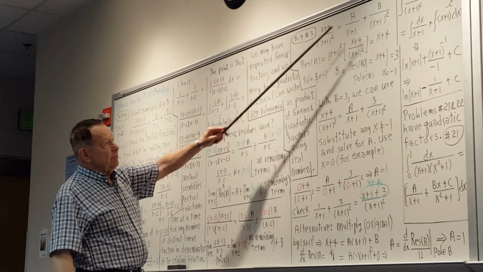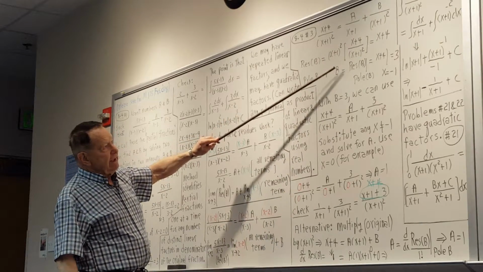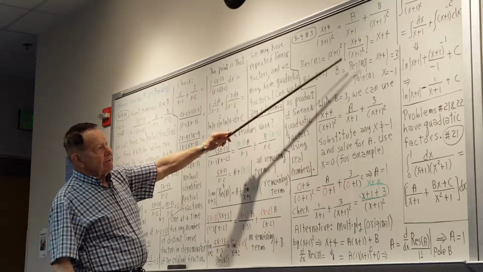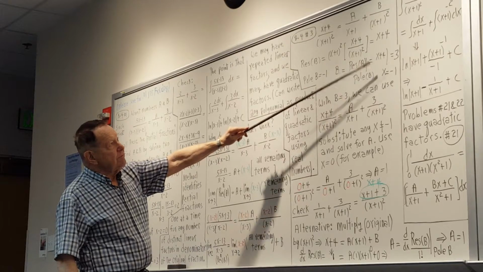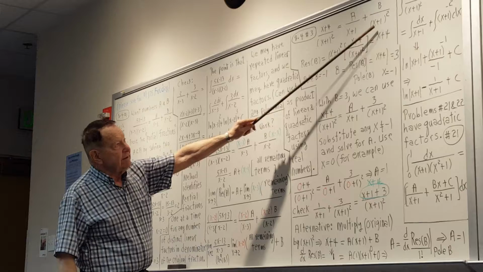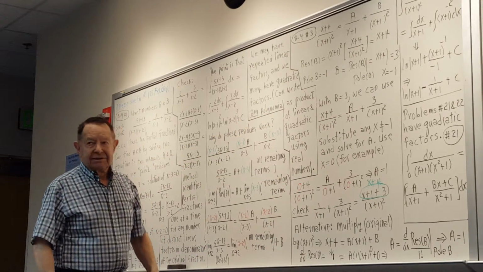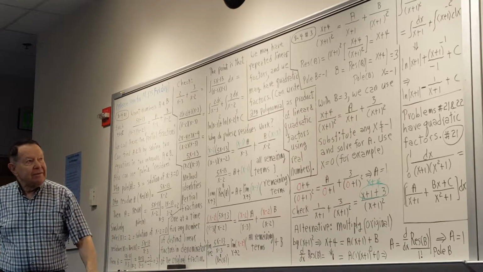And my pole for b is minus 1, so b is just like in this first problem, the residue at the pole. So you take your residue, x plus 4, put in your minus 1, and you get 3. So b is going to be 3, no matter what else you do.